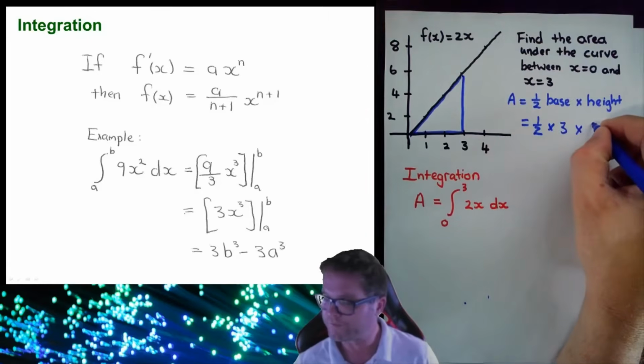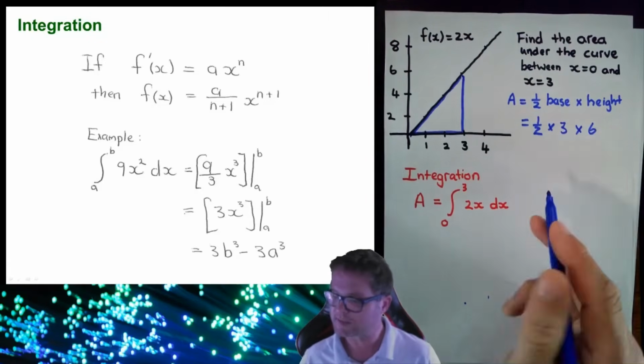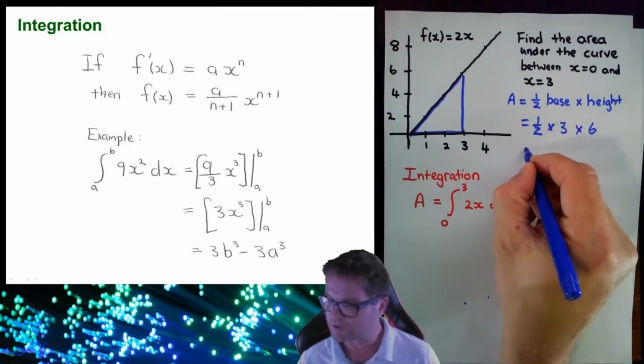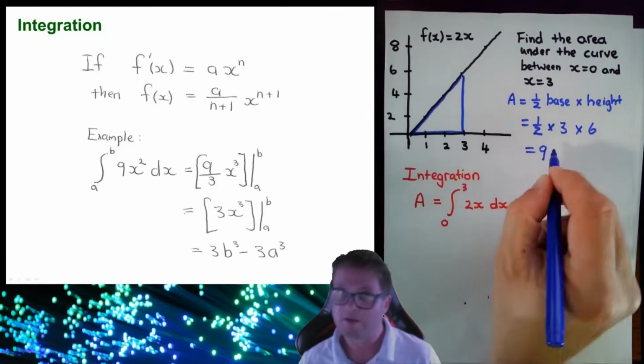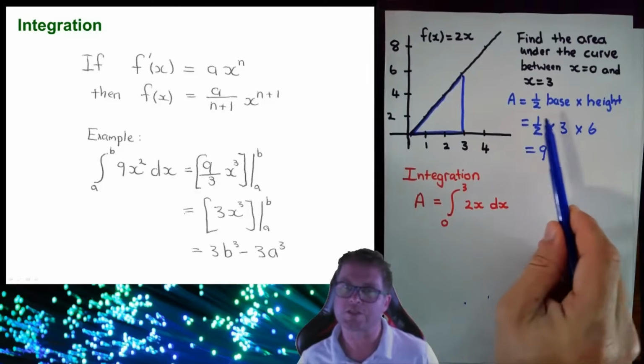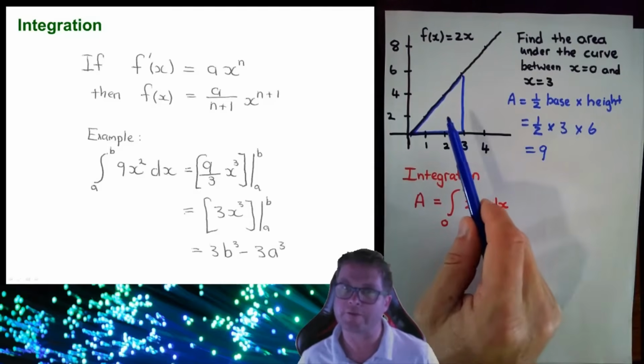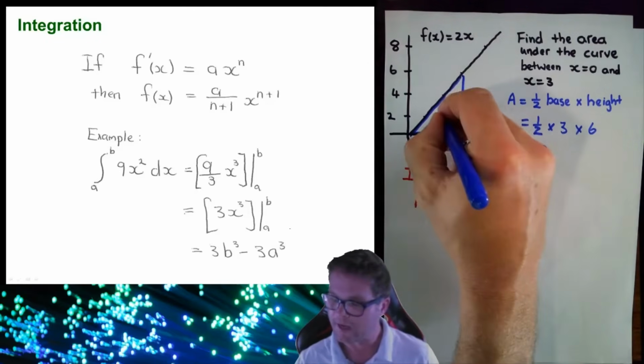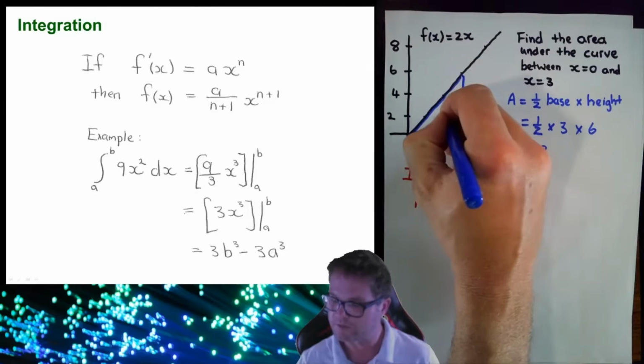So it's half times 3 times 6, and this is equal to 9. So according to this conventional formula, the area of this triangle A is equal to 9.